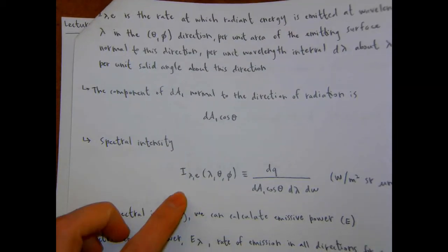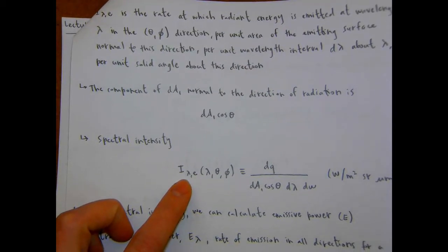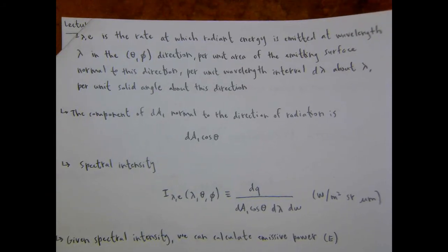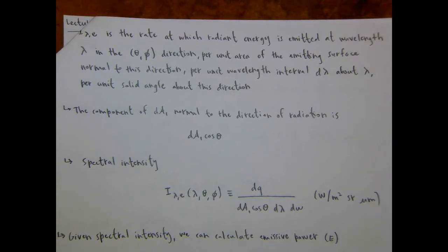So on Friday, we introduced the concept of spectral intensity, I sub lambda,e. And we basically said this is the rate at which radiant energy is emitted at a specific wavelength in a specific direction per unit area of the surface normal to this direction, per unit wavelength, per unit solid angle.